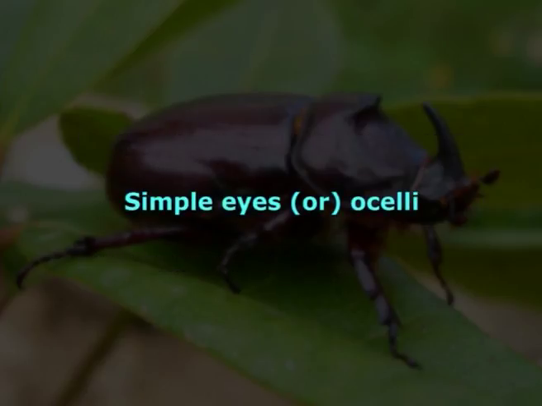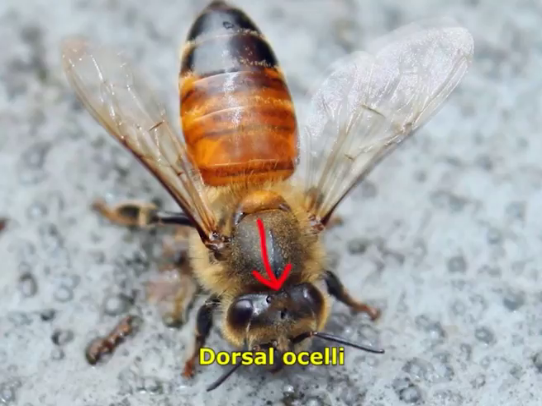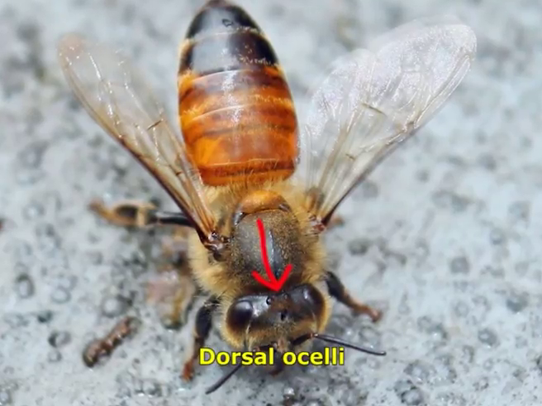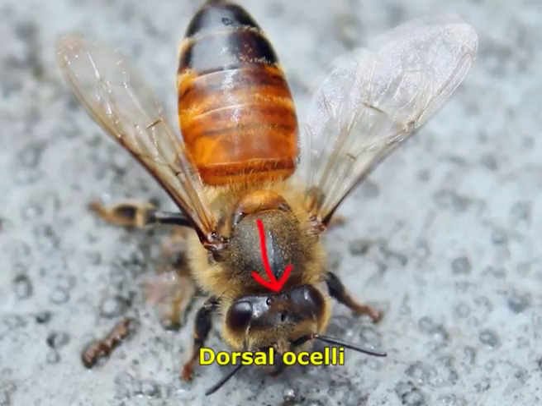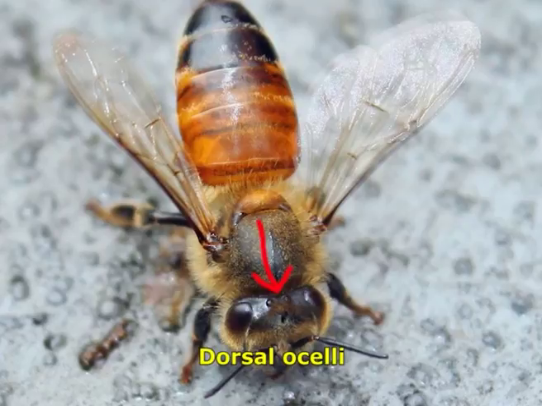Simple eyes or ocelli. These are of two types. The dorsal ocelli, as seen in nymphs and adults of hemimetabolous insects and adults of holometabola.